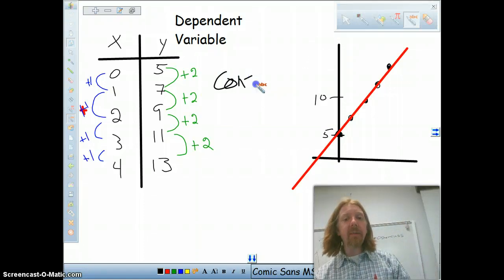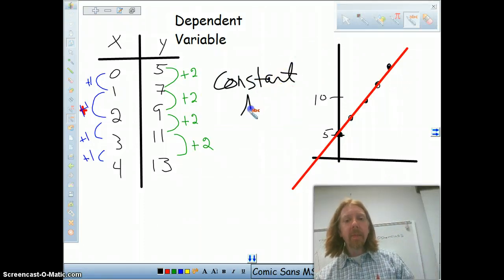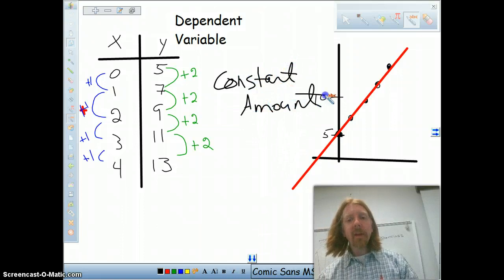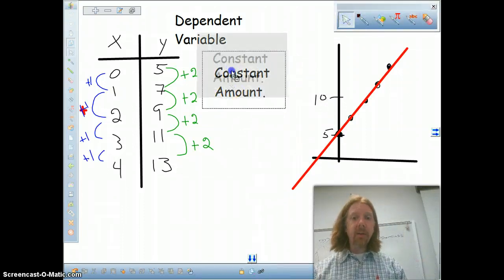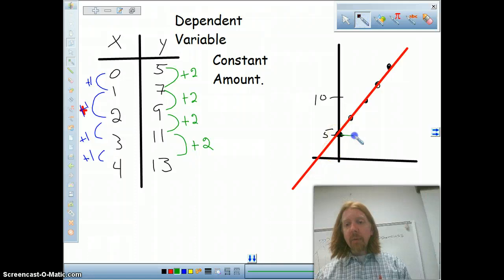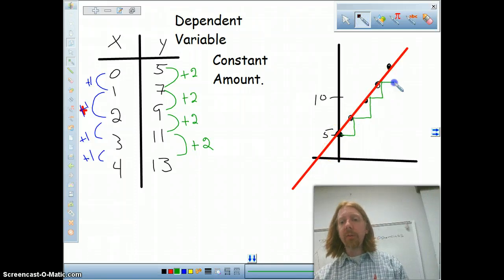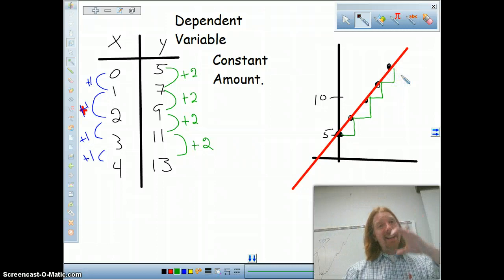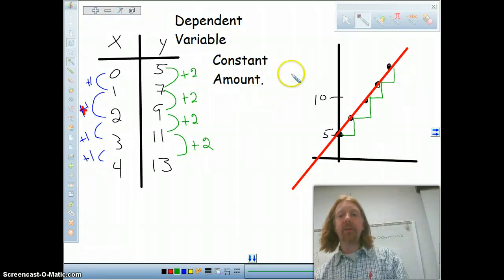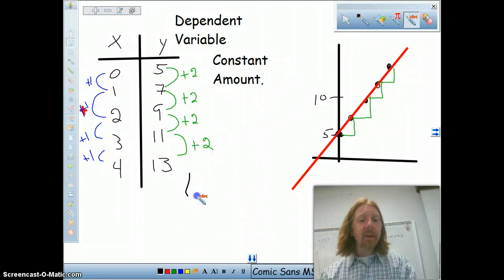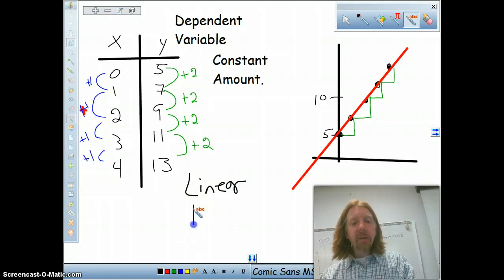That constant amount indicates that I'm looking at a linear function. It's the idea of saying that for every 1 I go over, I go up 2. Over 1, up 2. Over 1, up 2. Over 1, up 2. That constant up 2 is what establishes that I'm looking at a linear relationship. So I can go ahead and label this a linear function.